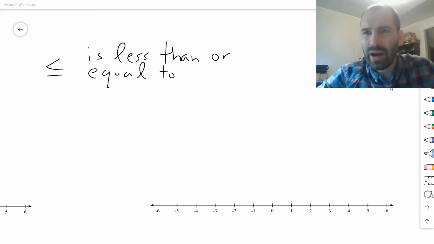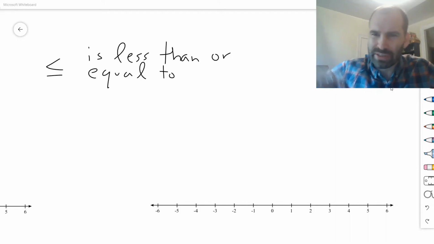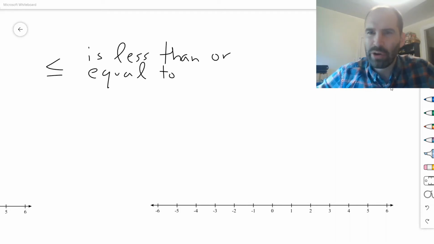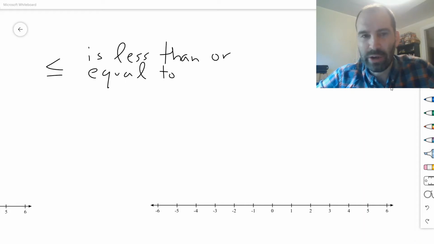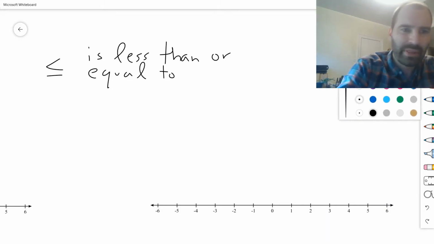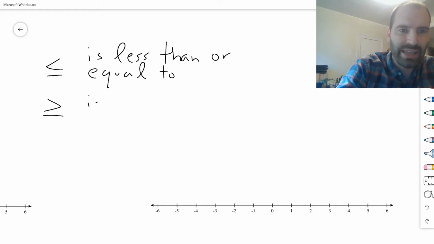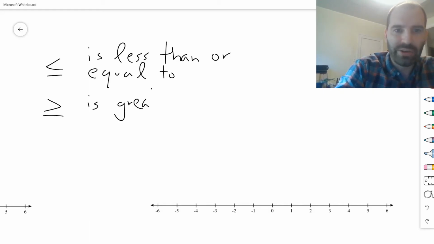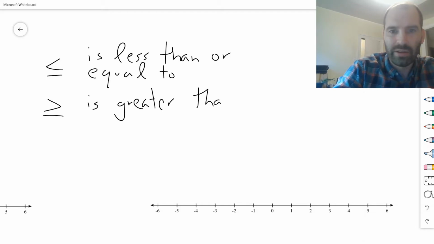And the other one: if I want to earn at least $15 an hour, I'm okay with $15 an hour, but I also would not mind having more. So I'm allowing it to equal 15. So it's greater than or equal to. And that's the other symbol we have. This is greater than or equal to.